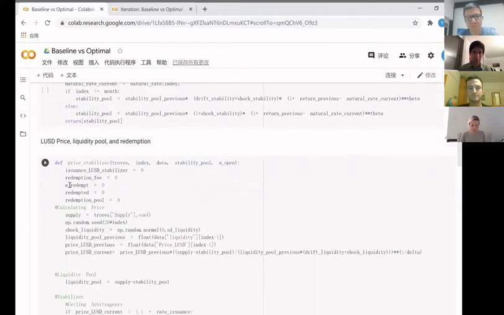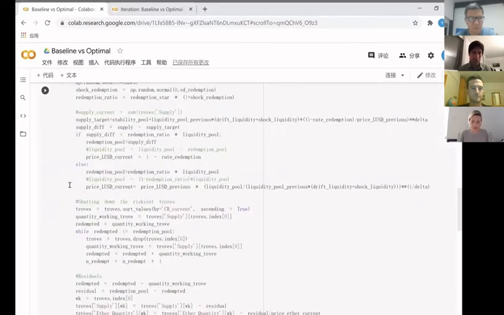So people might want to hold loose token for other purposes. You might want to stake in Curve, Balancer, Compound, Uniswap, right? Or you just want to hold it in your own wallet, or you want to use it as a medium of exchange. Okay, this is the liquidity pool.